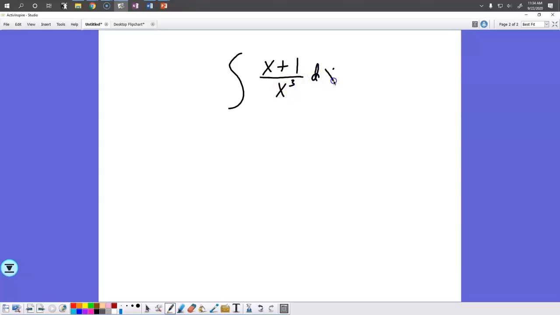If I had this, you don't have to write this, but you can. I'm not going to do the whole problem, but basically we have more than one term in the numerator, so I can split this up, right?